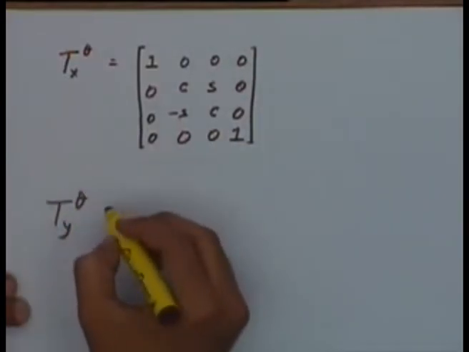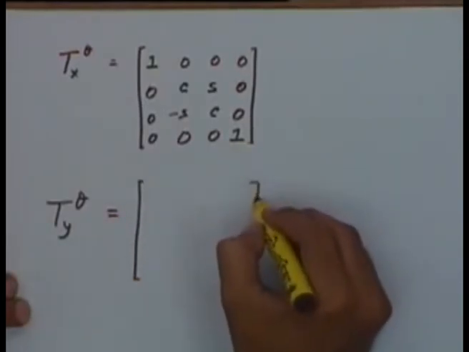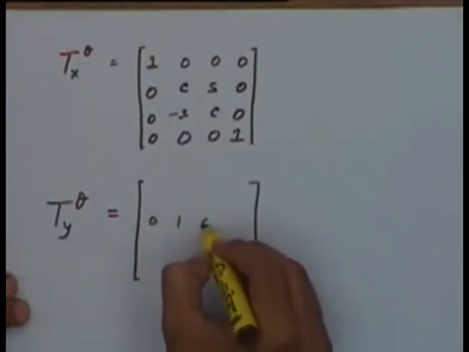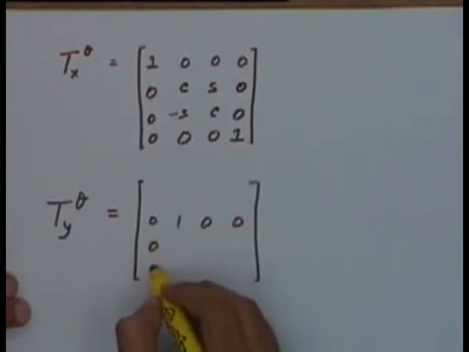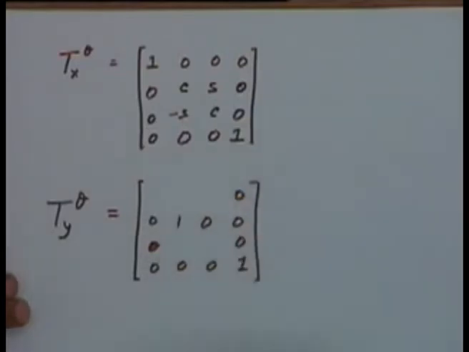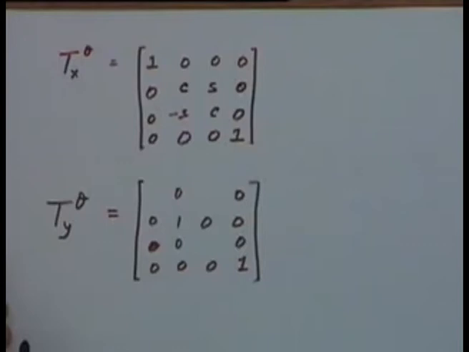I want to rotate by theta, sorry, about the y axis. The y coordinate will remain unchanged. These four values we will have to fill up. What will these values be?